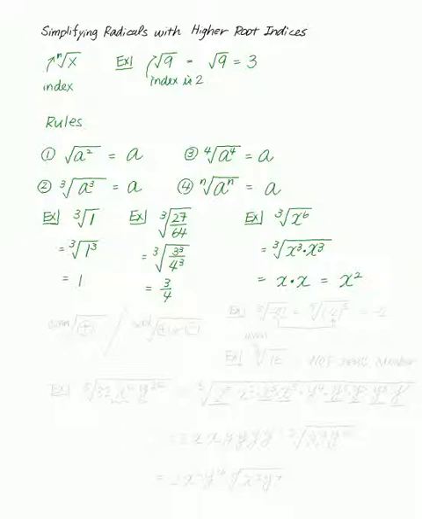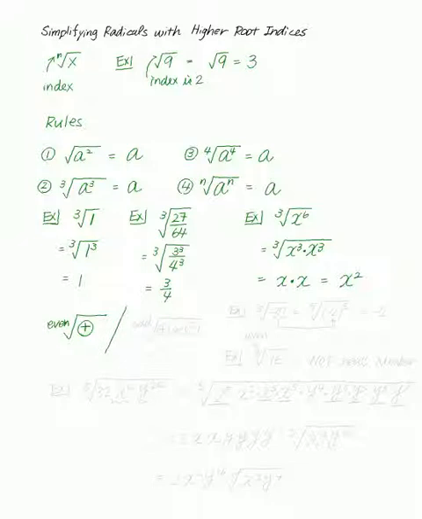Now, there's an odd rule that says when the index is even, like 2, 4, 6, 8, we have to have a positive value under the radical, otherwise we end up with what's called a complex number. We're trying to avoid those right now.